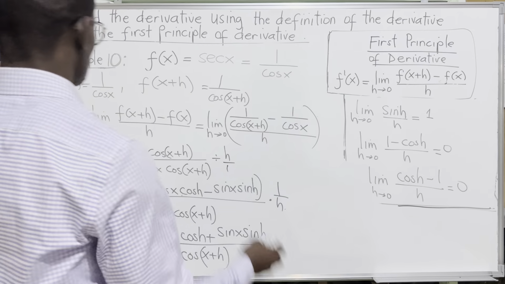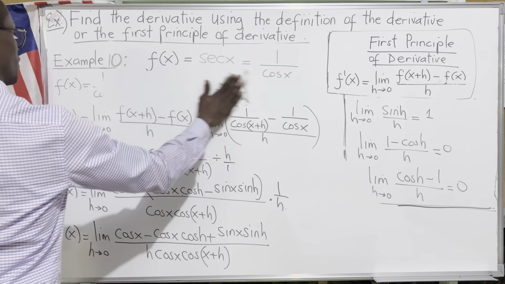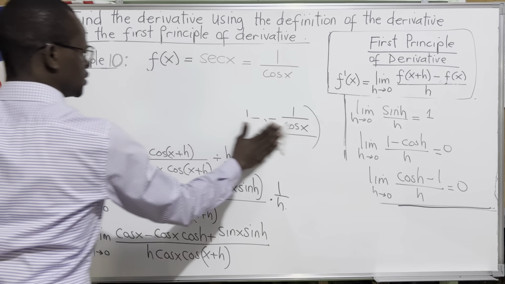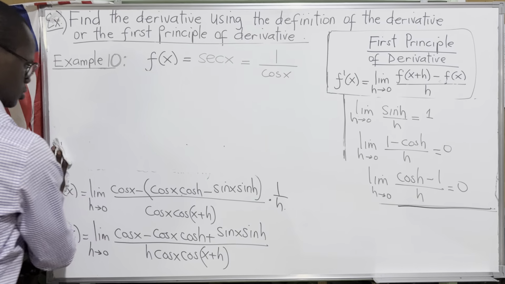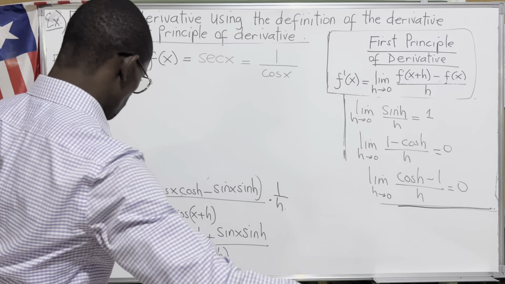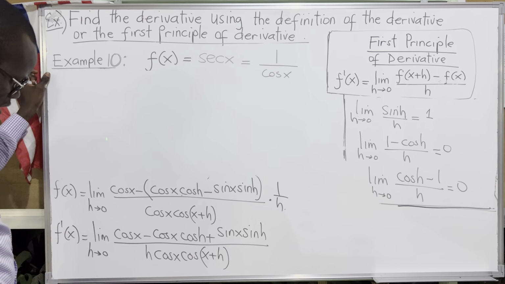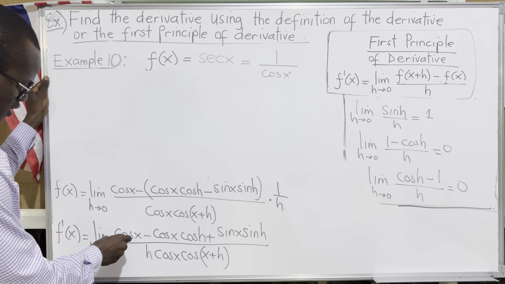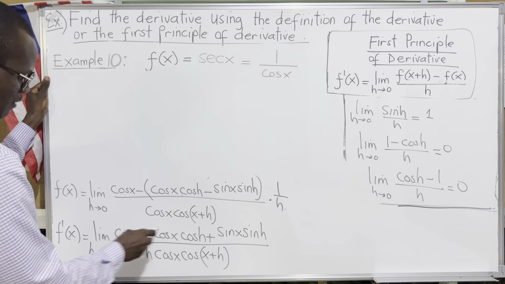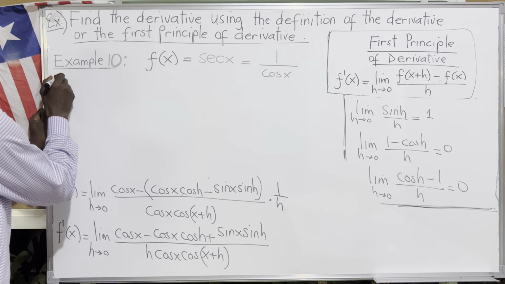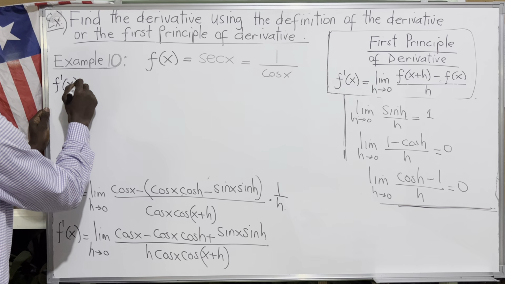So like we did in the previous problem, our target here now is to group terms that have a common factor. So this first term and the second term, they have common factor cos of x. So we can group both of them.